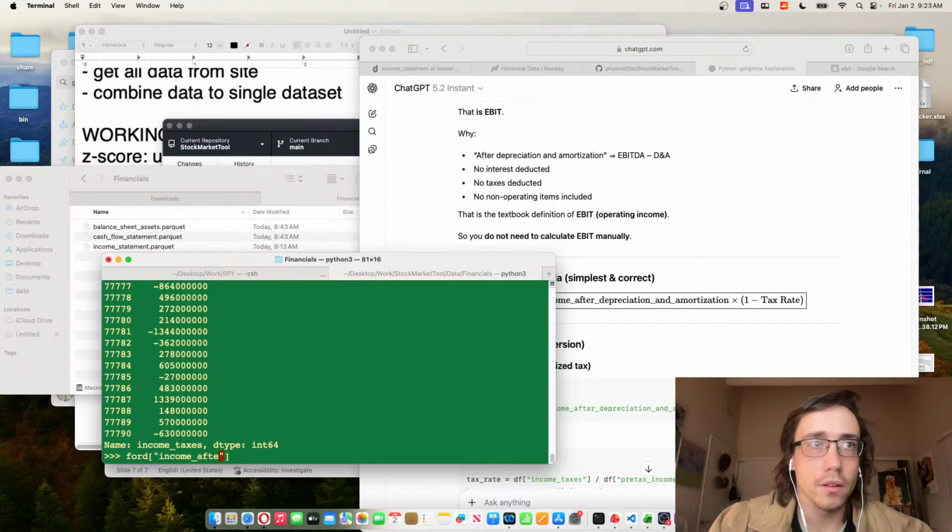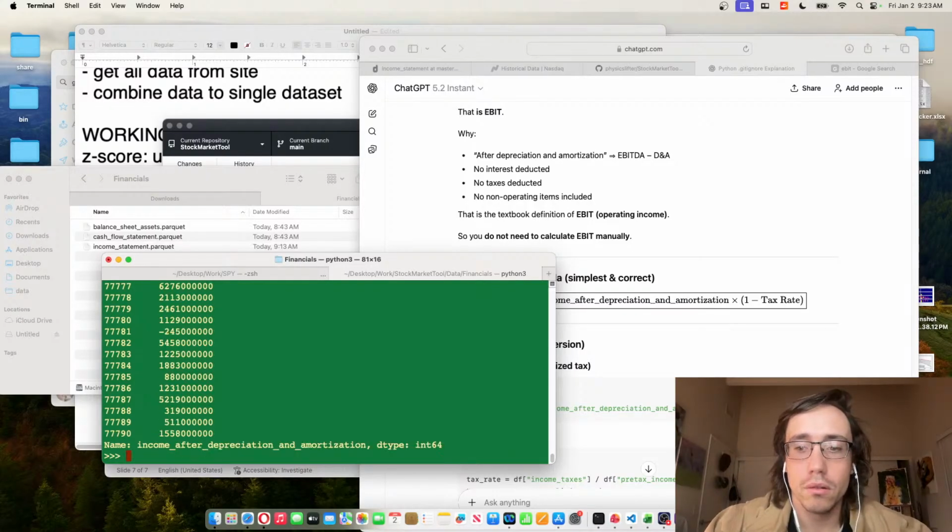Income after depreciation and amortization.